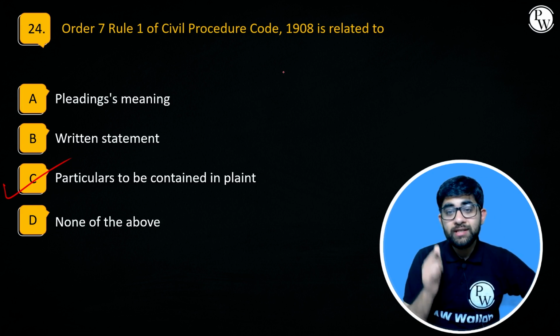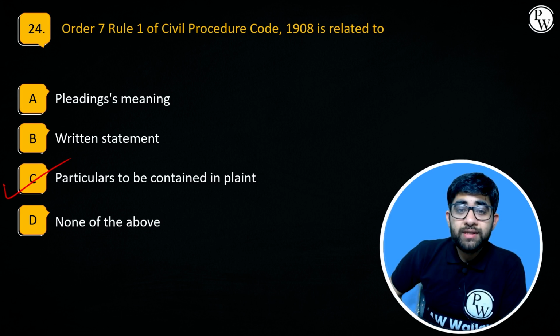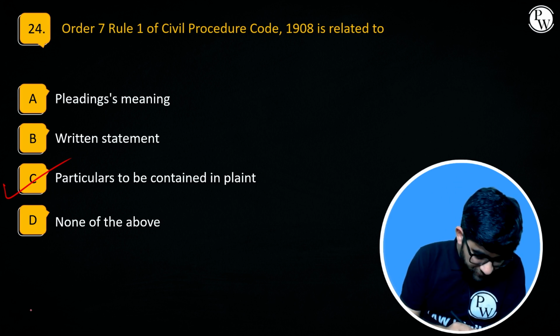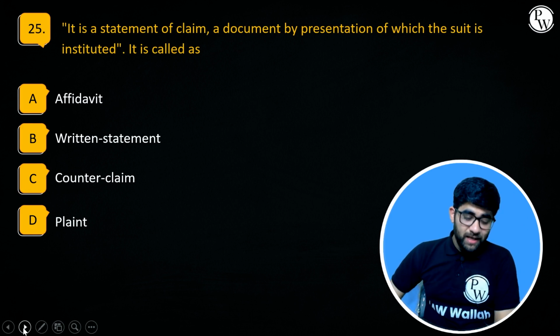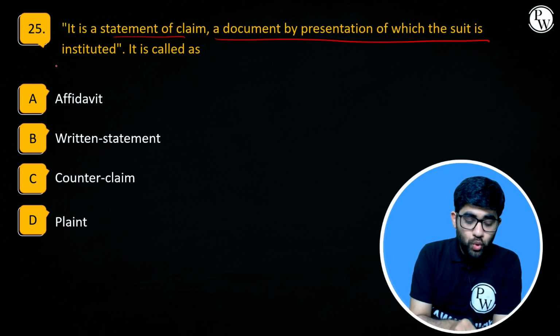Order 6 is pleadings, 7 is plaint, 8 is written statement. Very important. And the answer to this is particulars to be contained in plaint.